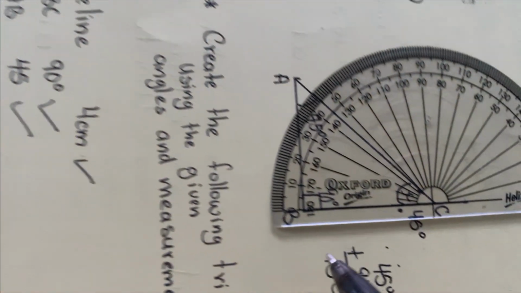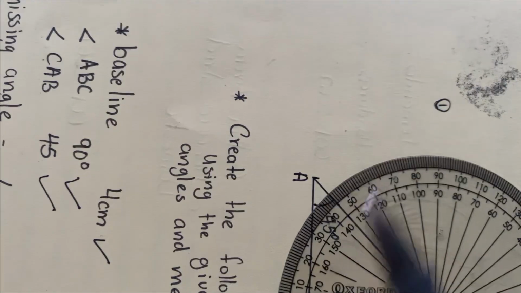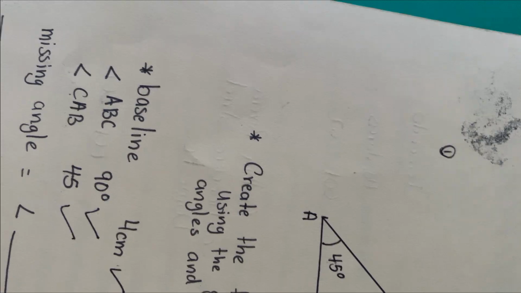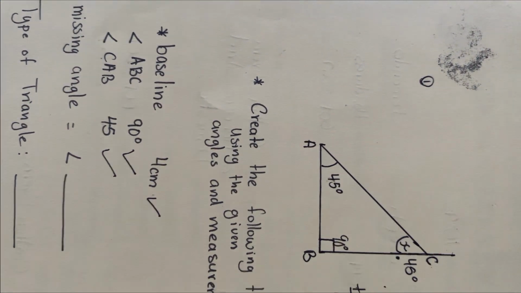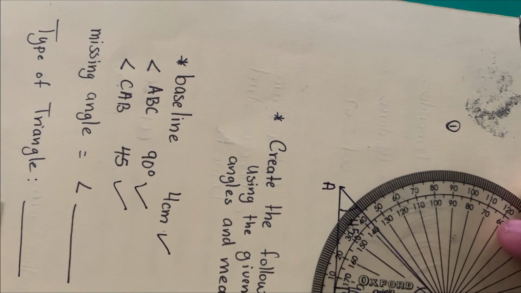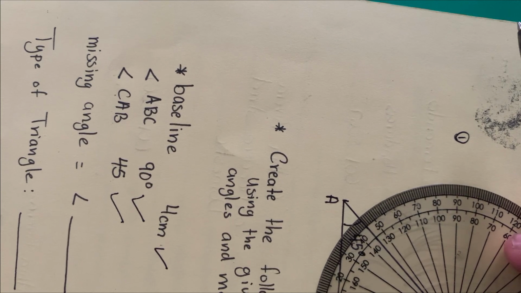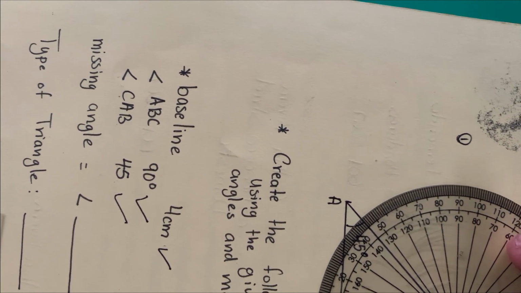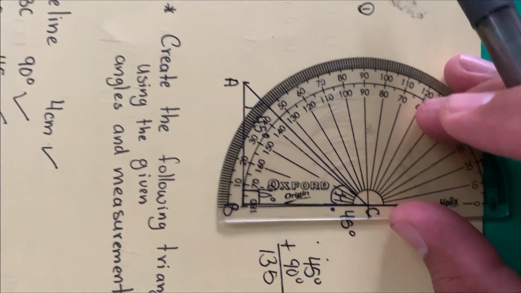This angle, from here to here, which is angle ACB. That will be very easy. A total of, let me tell you once again, 45 degrees.